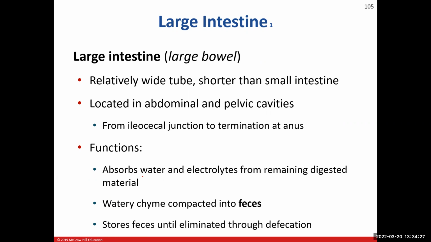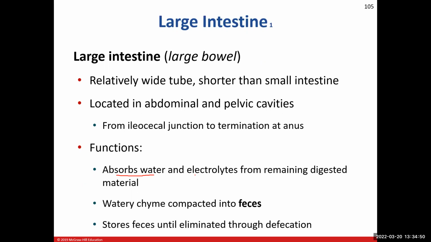It is going to continue to absorb water, which is important because we saw a lot of water absorption occur in the small intestine, but the chyme is still kind of a liquidy substance. So we're going to transition from that liquidy chyme to a hardened feces. We're going to absorb that water and compact the chyme into feces.